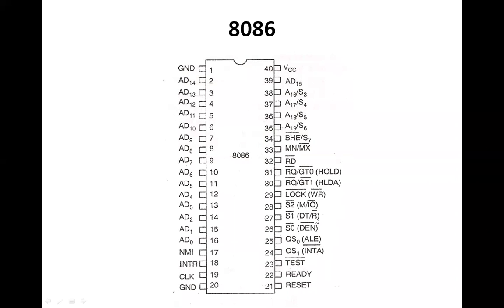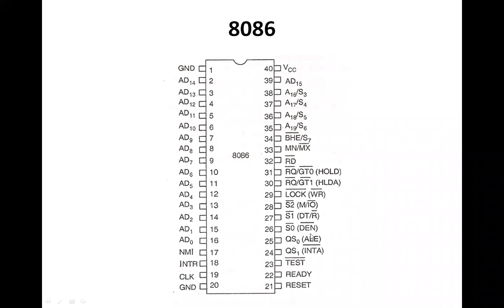Actually, this signal is used to enable the external data bus buffer, so that whatever data has to be received by 8086 or transmitted by 8086 is stored in the buffer. So this is just an indication to enable the buffer, whether the data being transmitted should be buffered or the data which is required to be received has to be buffered.